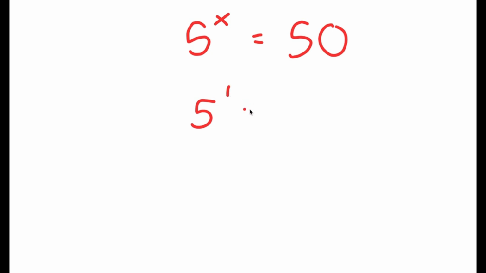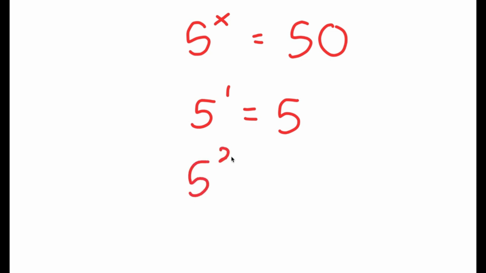Alright, so in this video, I'm going to be solving the equation 5 to the power of x is equal to 50. So to first start with this problem, let's test different values of x. If x is 1, then I get 5 to the power of 1, which is equal to 5, and this is too low.